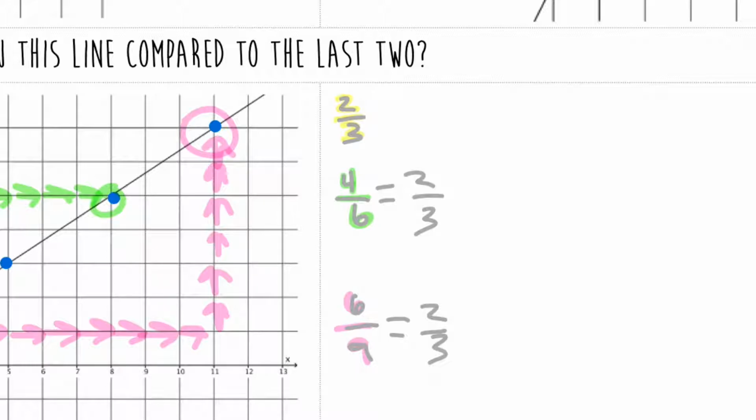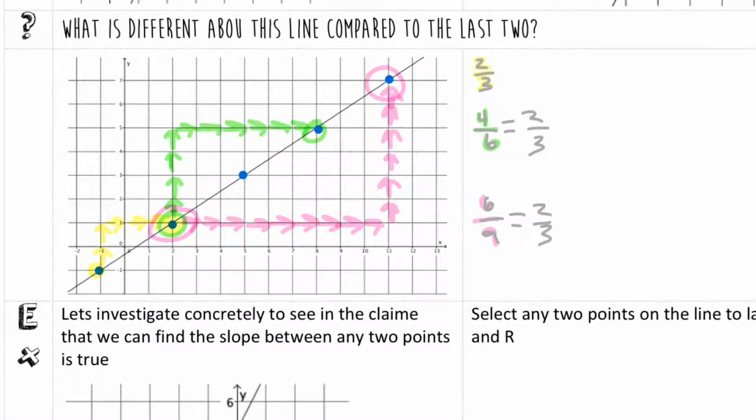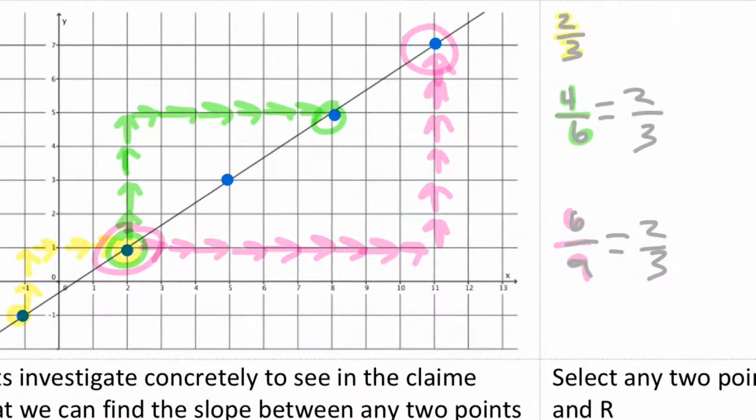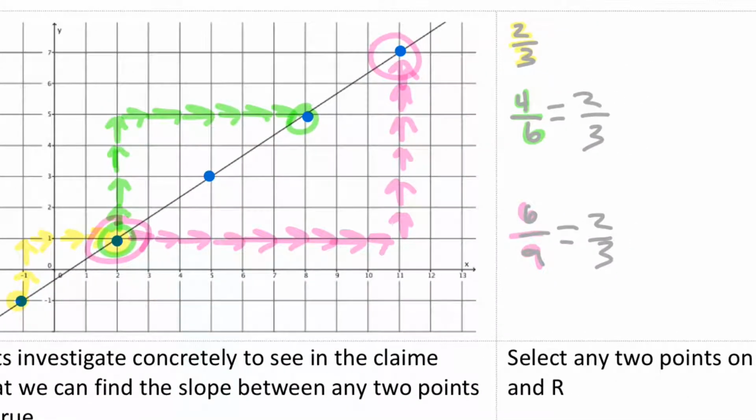Okay, so for our yellow points, we used -1, -1. So I'm going to write -1, -1. And we used 2, 1.